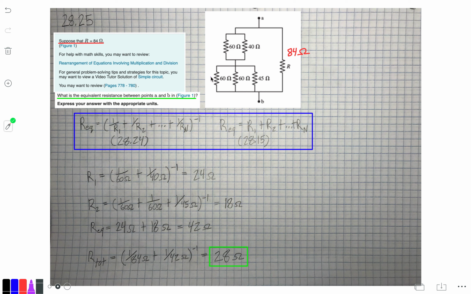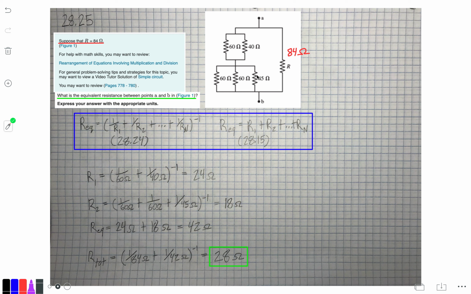And then if you look at these two, they're going to be in series here, and then this side and this side are going to be parallel to one another. So it's important to make sure you have a general plan of how you want to lay out your math when solving for the equivalent resistance.